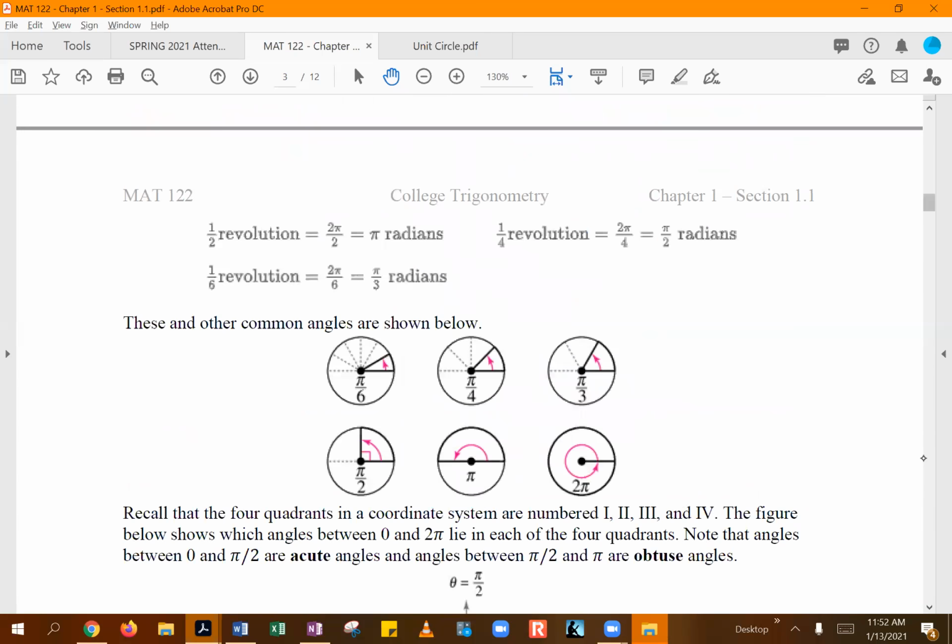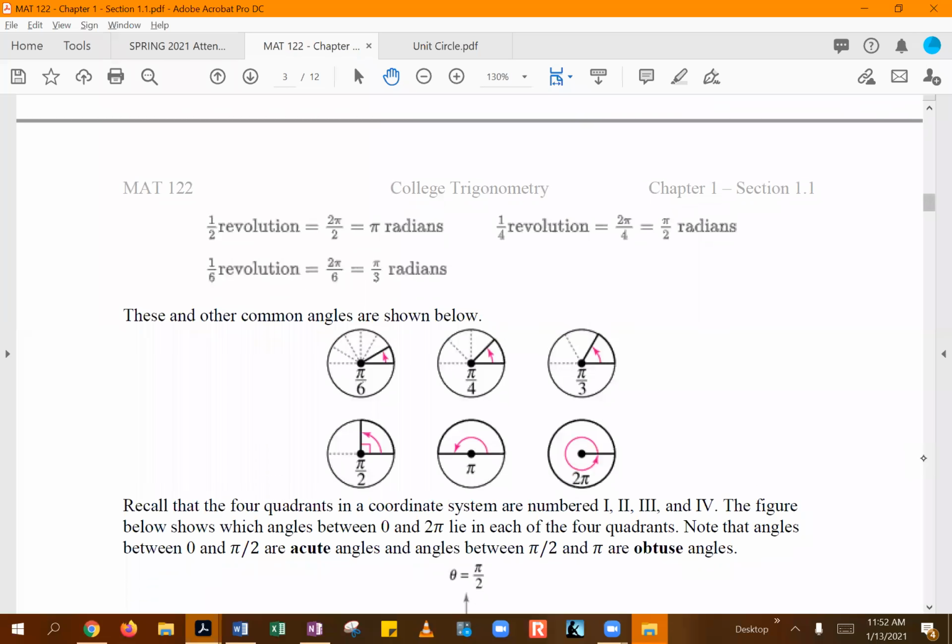So we always kind of use that as our standard, kind of like a benchmark when we're talking about these angles. So then they actually talk about, okay, what happens if you just go with half a revolution? So, half a revolution would be, for the full circle, you're only going halfway. So that's going to be 2 pi for the entire circle divided by 2. So you only get pi radians, and that's going to be this half a revolution over here.